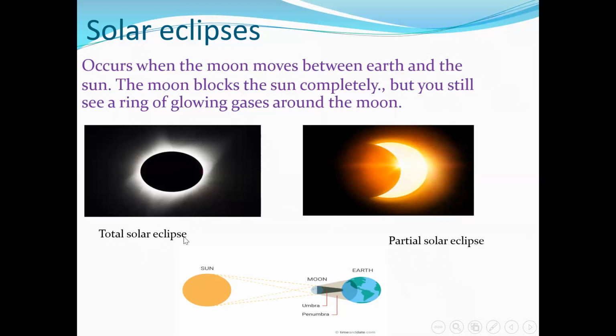In a total eclipse, the moon prevents you from seeing the sun at all, and in a partial solar eclipse, you see the glowing gas around the moon.